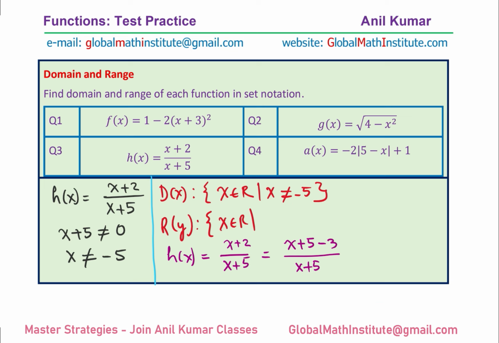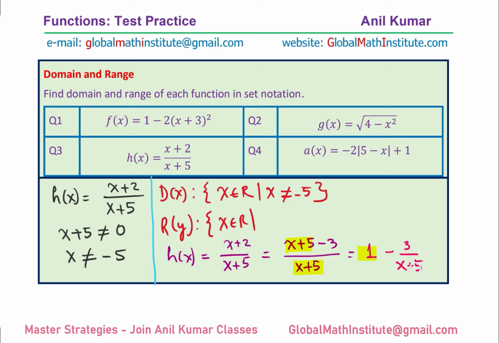Now, that means I could write this as x plus 5 over x plus 5 as one of the terms, right? And the other term being minus 3 over x plus 5. Makes sense? And what is x plus 5 over x plus 5? That is just 1, correct? So I could rewrite this as 1 minus 3 over x plus 5.